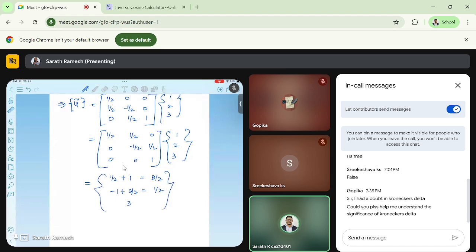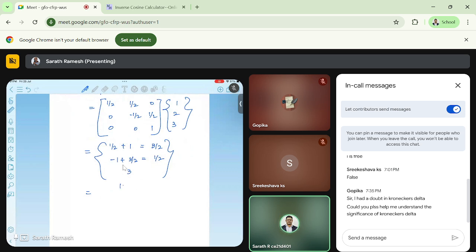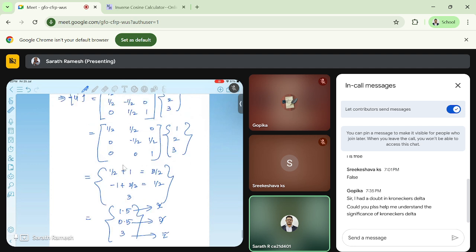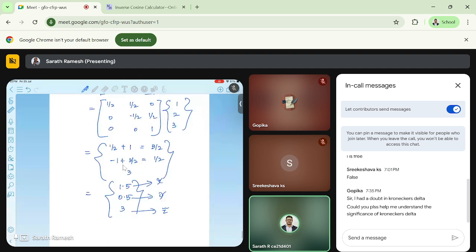So the final answer is 1.5, 0.5, 3. Okay, the component in the x tilde direction is this, this is the y tilde direction component, this is z tilde. Okay, that's it. So this is how we will solve. Fine.